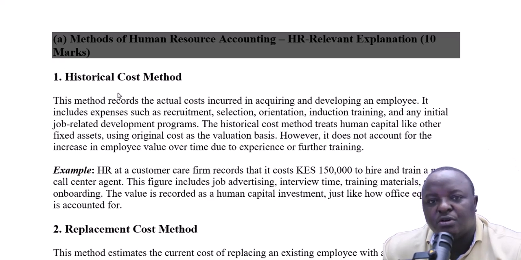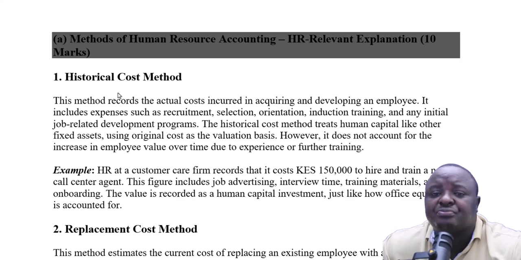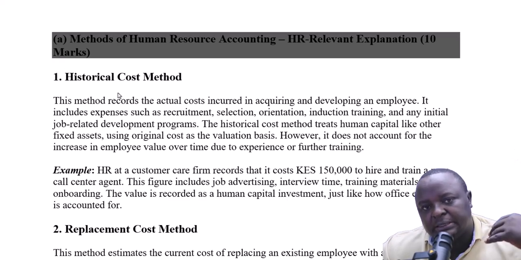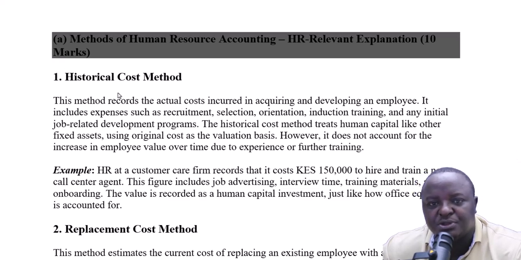So here we go back, we have the employee on board. Already the employee has been onboarded, he has been trained. So we look at the cost that the human resource incurred in bringing this employee to this organization, or in onboarding this employee to this organization. So the historical costs that were incurred were, for example, the cost incurred during recruitment, like advertising cost.